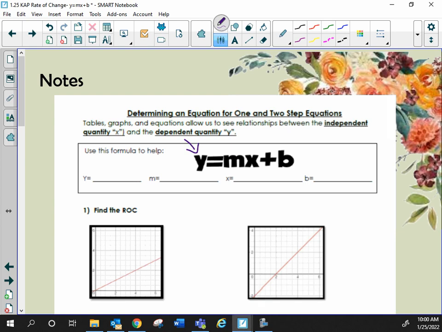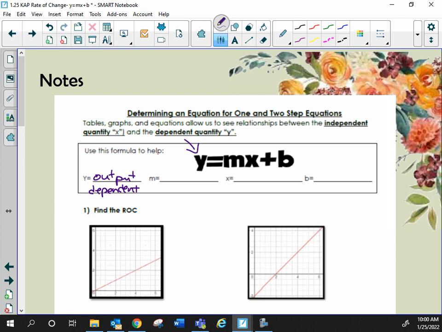Now let's go through and break down each letter, just reviewing what they are talking about. We said that my y is my dependent or my output, right? I think that's easier to think of as my output, but you can put dependent on there as well. I love that you're thinking of that.